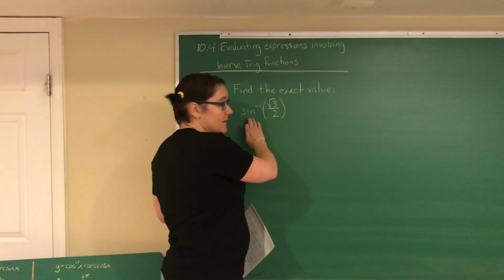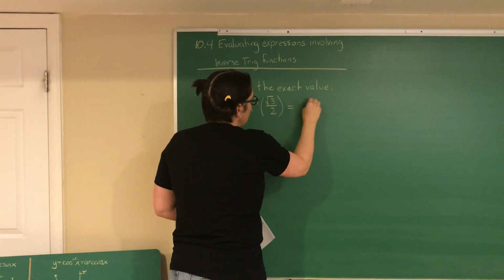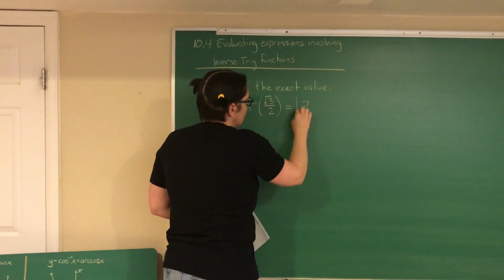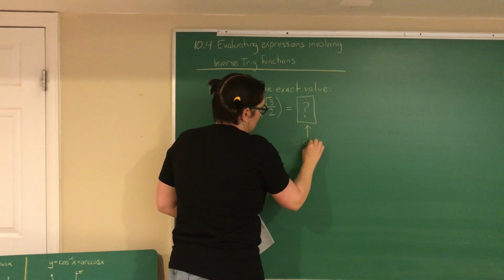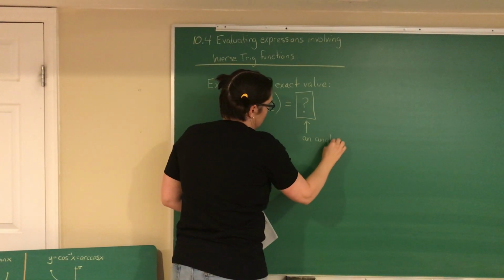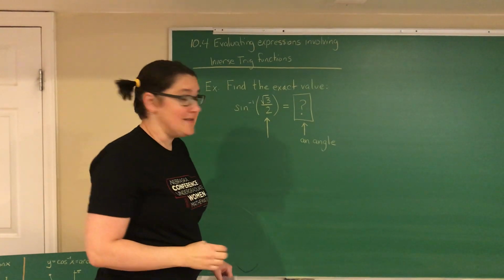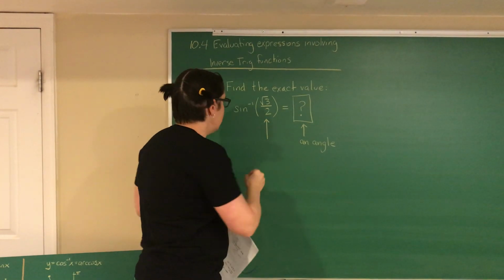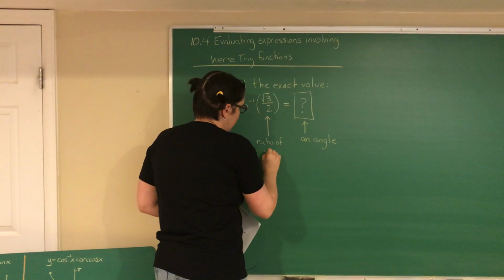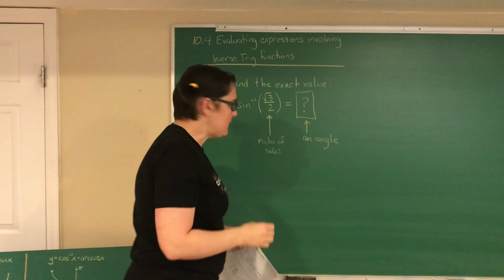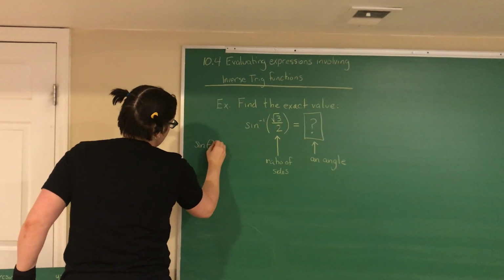When we have an inverse trig function, the thing that we are looking for, this thing inside the box over here, that is going to be an angle. And the thing inside the parentheses, the input into the inverse sine function, is a ratio of sides.